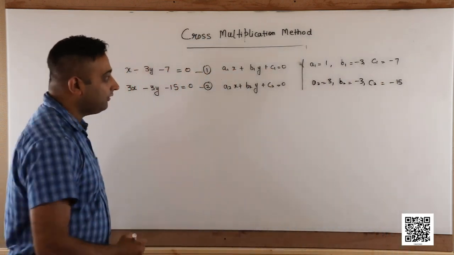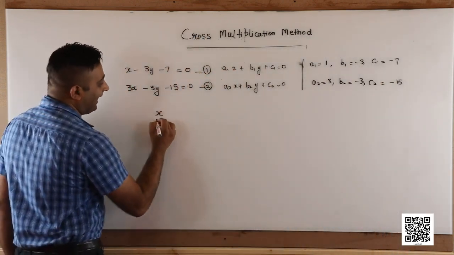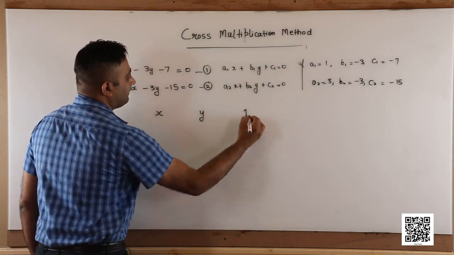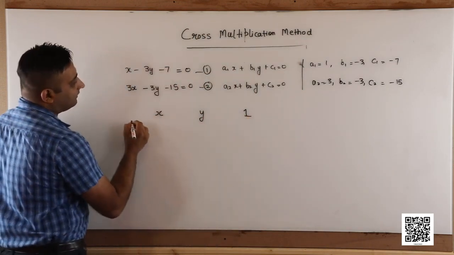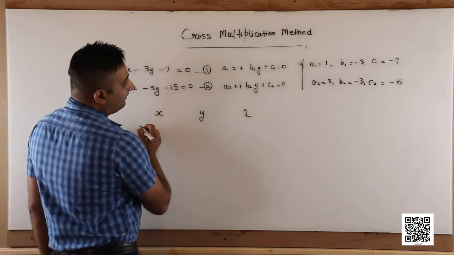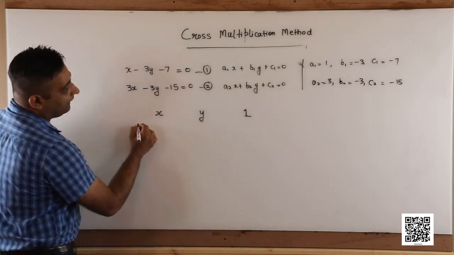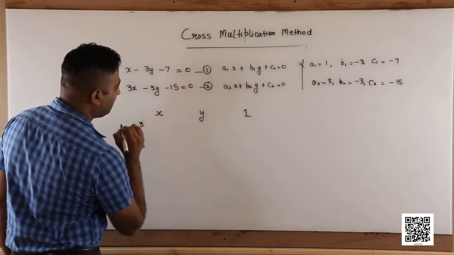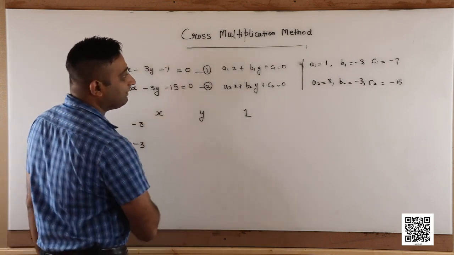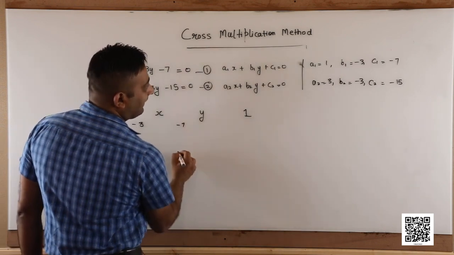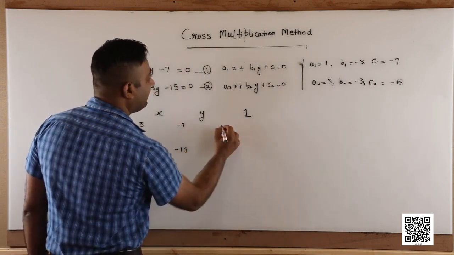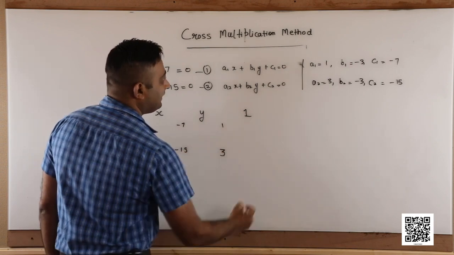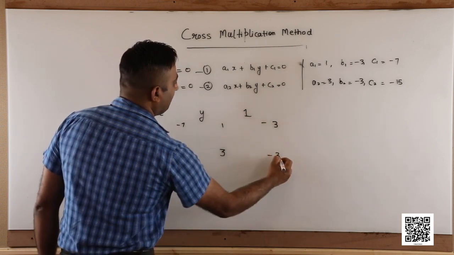Now let us solve this by the diagram we have earlier discussed. So x, y, 1. Here we write b1 b2, that is minus 3 and minus 3, then c1 c2, which is minus 7 and minus 15, then a1 a2, that is 1 and 3, then again b1 b2.